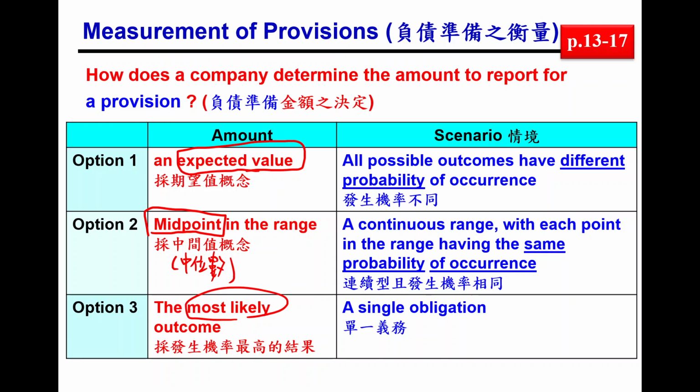Okay, so you have three options to get your best estimate. First is expected value, second is midpoint, third is the most likely outcome. So you choose the most likely outcome to get your best estimate. Okay, so it depends on your situation. You could choose either one to suit your case. Okay, so usually what kind of case will we use expected value?